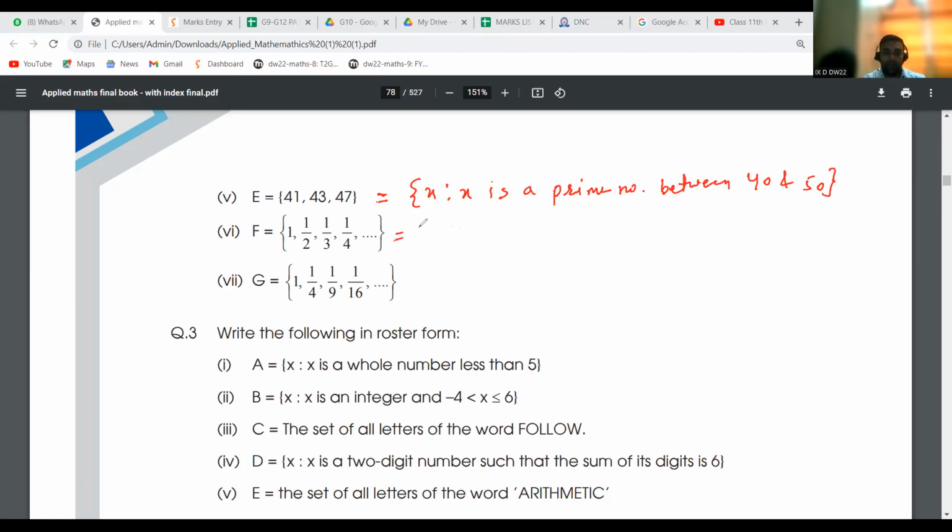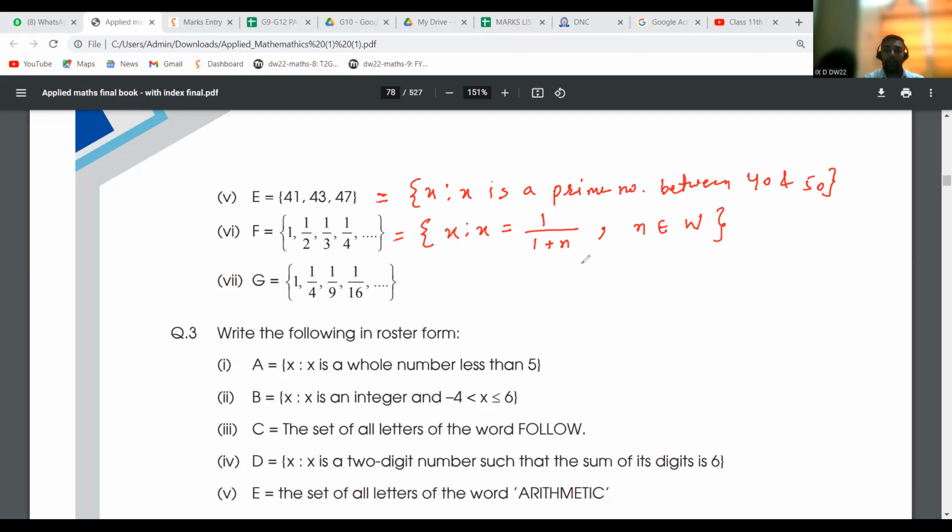Now the next is 1 comma 1 by 2 comma 1 by 3. If we clearly see here, x such that x is equal to 1 upon 1 plus n, where n belongs to whole numbers.